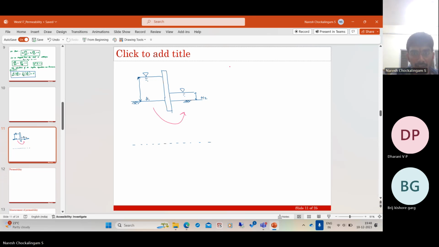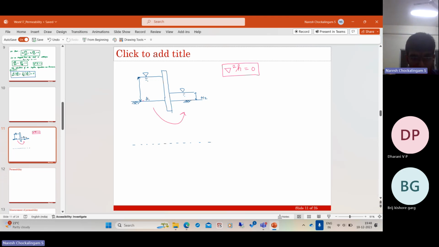The distribution of head in the soil mass is governed by the Laplace equation. So del square H equal to 0 governs the spatial distribution of the head. Now this is H1, this is H2.